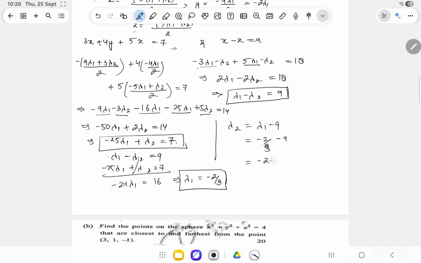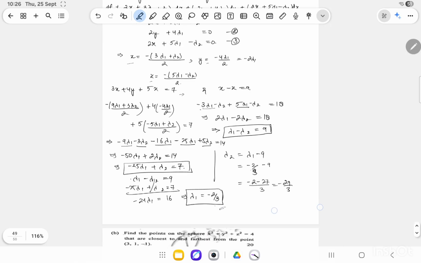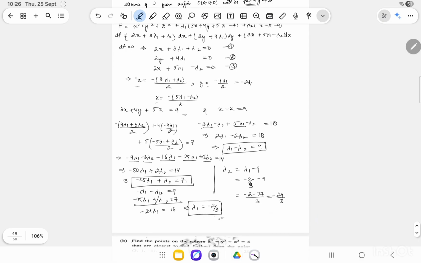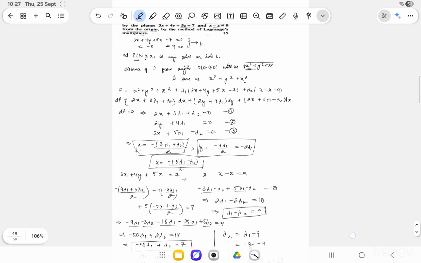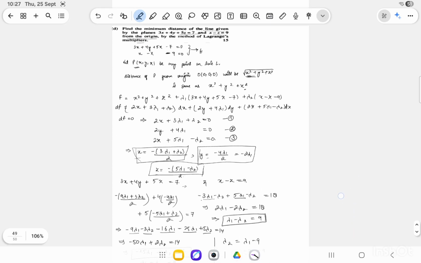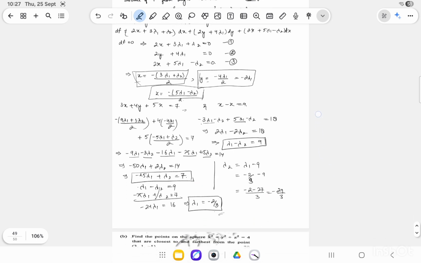This is minus 2 minus 27 by 3, that is minus 29 by 3. So these are the values of lambda 1 and lambda 2. And using these values, I can easily find out value of x, y and z. That will be basically the point on the given line which will be at minimum distance.